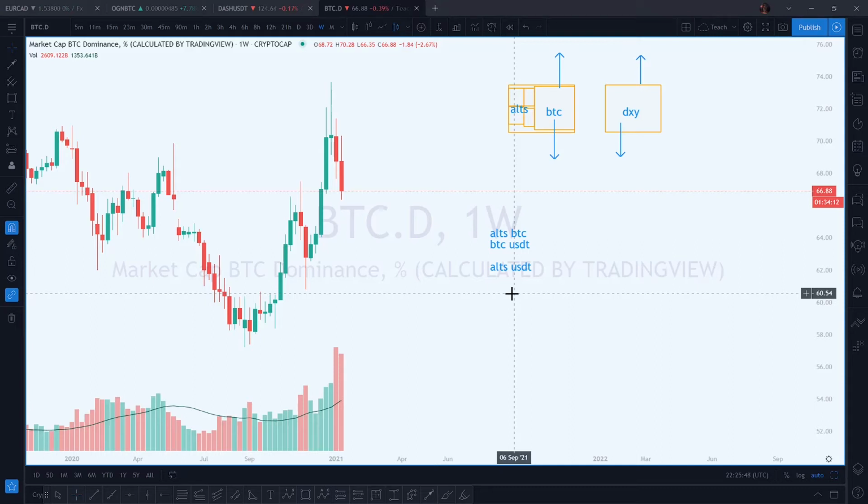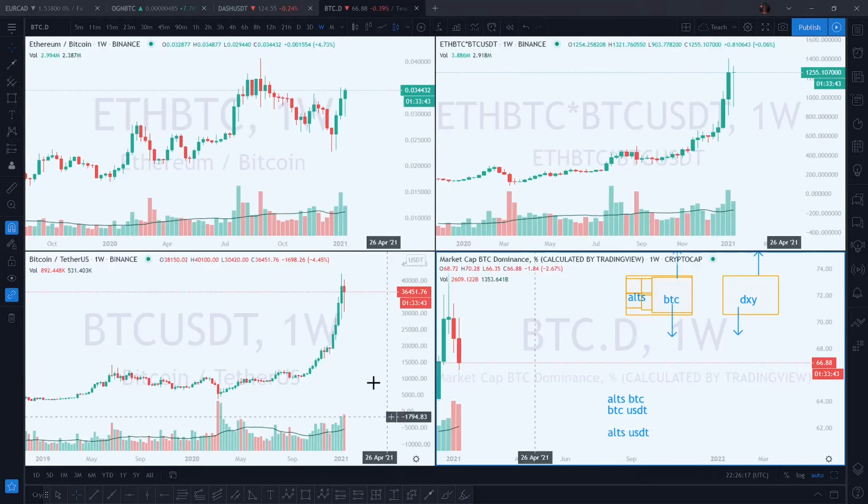Because the volume is large, we tend to see some differences in price variations between the calculated ALTS BTC times BTC USDT price and the exact ALTS USDT price, based on trading volume. Now let me minimize this so we can actually see.